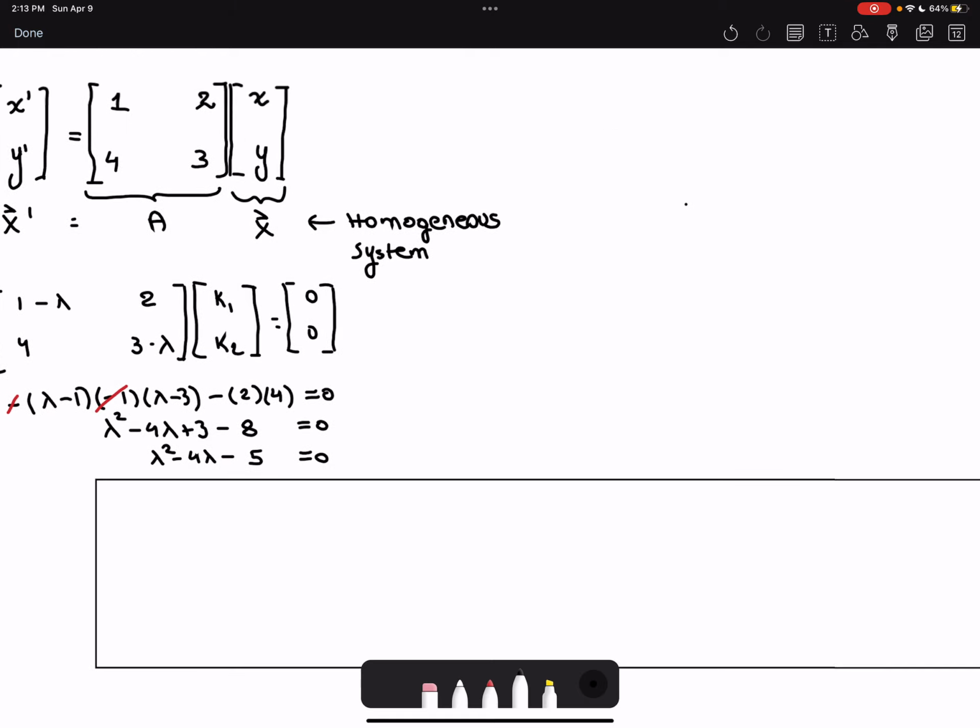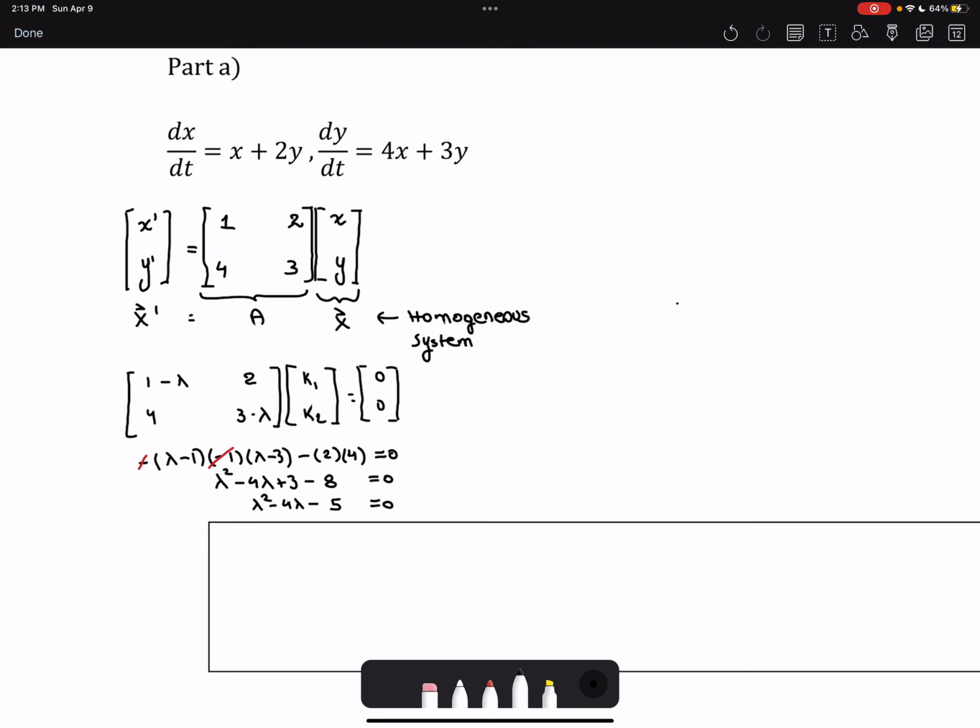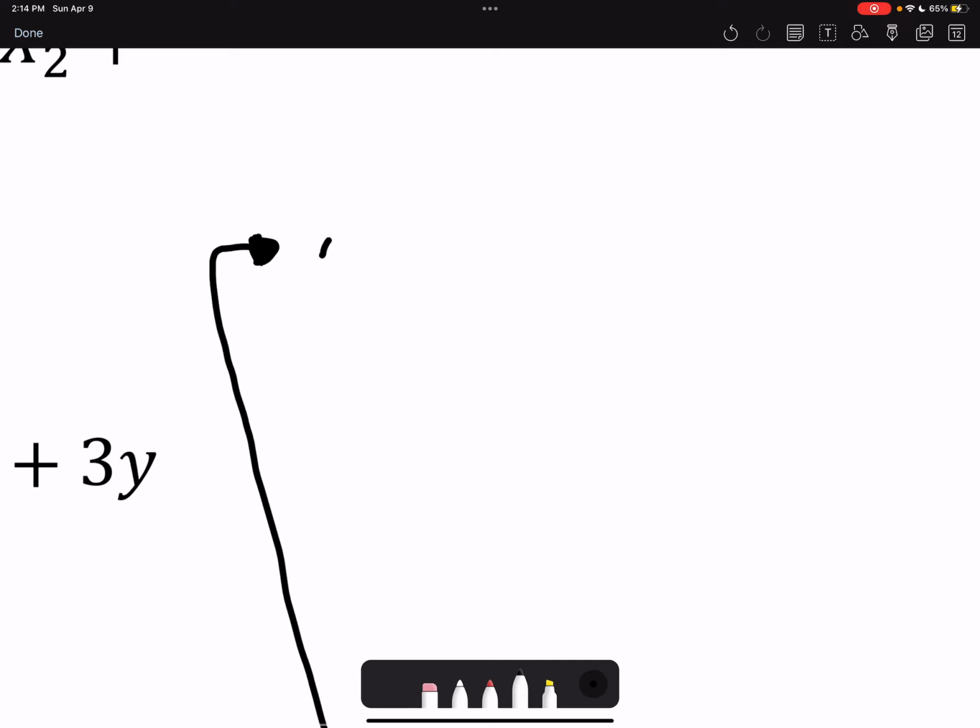Now can we think of two numbers that multiplied together are equal to negative 5 and added together are equal to negative 4? I think negative 5 and 1. So lambda minus 5 and lambda plus 1 equals 0.